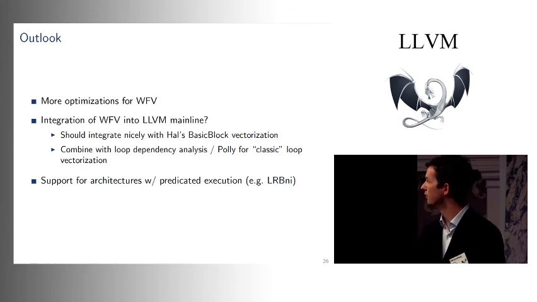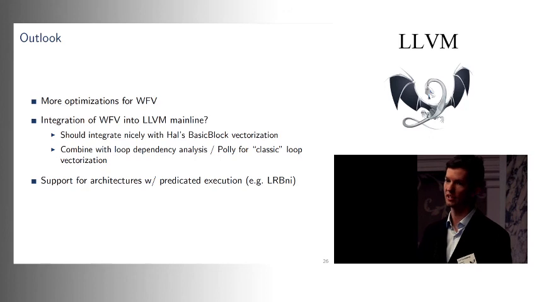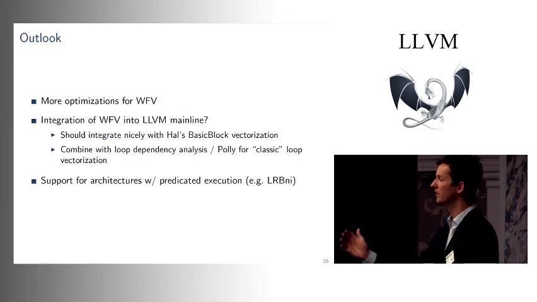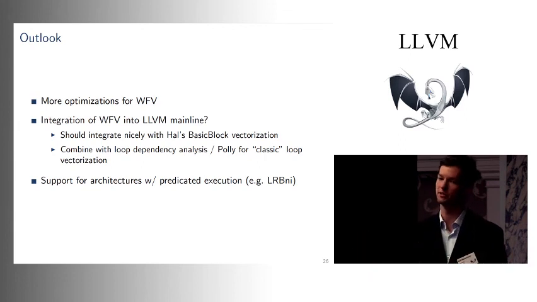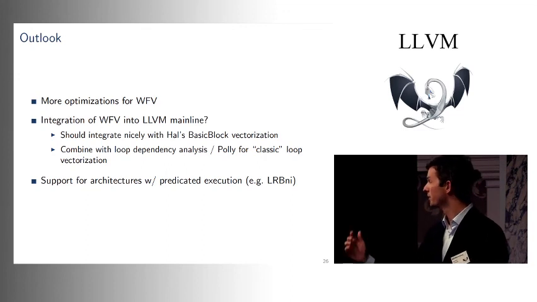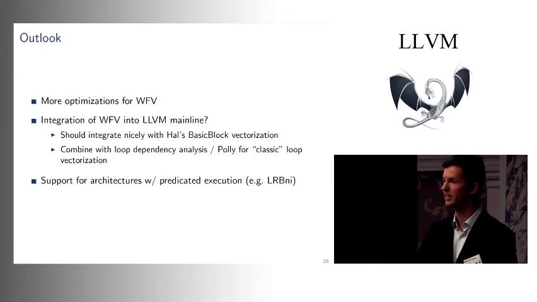Or you can use the technique in general for classic loop vectorization if you essentially just put the loop body inside a function and call our library. That gives you classic loop vectorization if you do all the loop analysis stuff. And support for architectures with true predicated execution, like the Larrabee new instruction set, is also on the line.